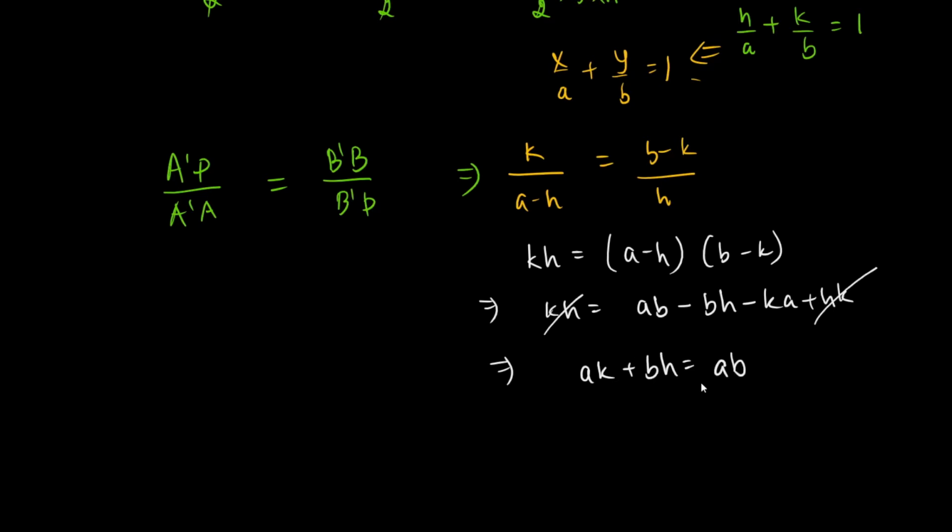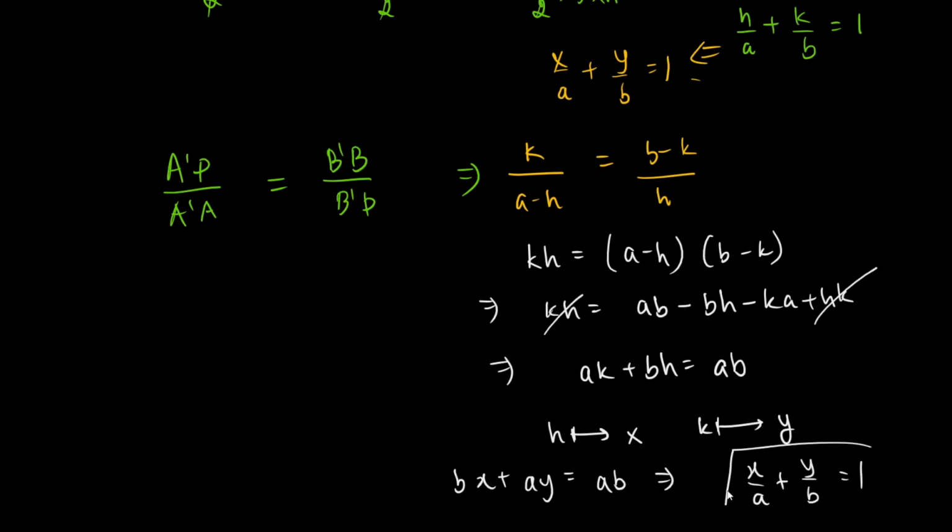Now, since this holds true for all such points lying on the line, we replace h by x and we replace k by y. This leaves us with bx plus ay equals ab, or x upon a plus y upon b equals 1. So there, the third way to figure out this equation.